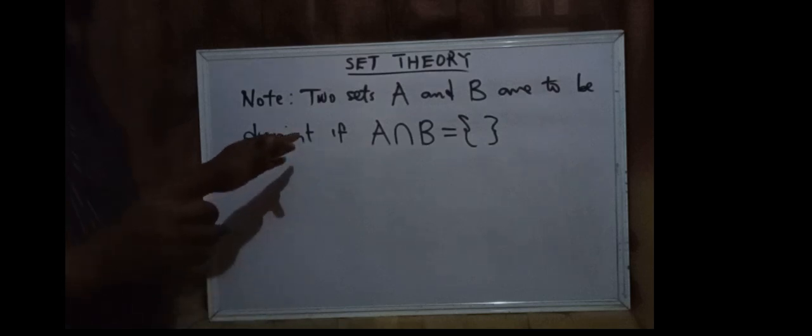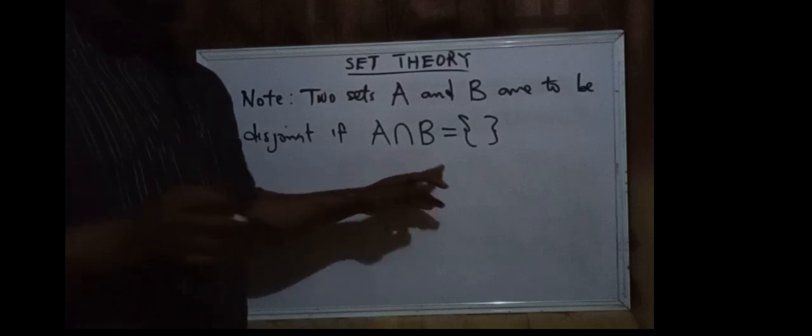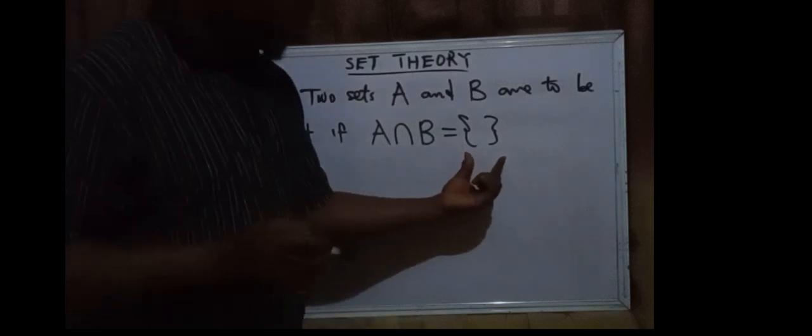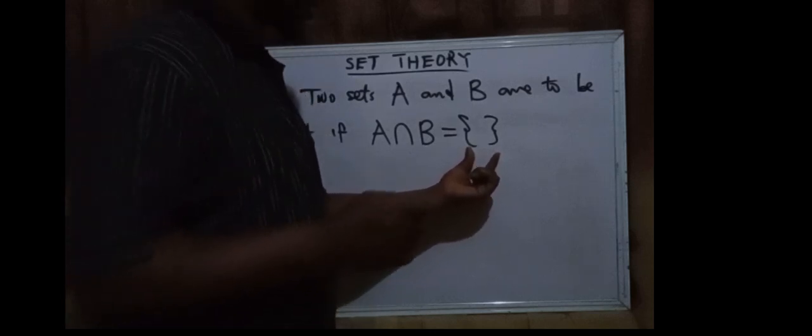In this case, we say A and B have no common element. We can use this notation to represent an empty set, as we said in our previous video, or we can use the symbol phi.